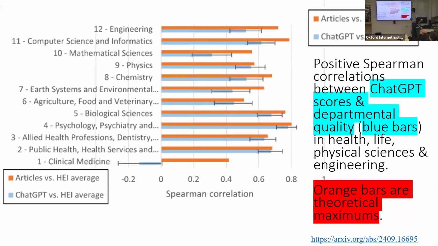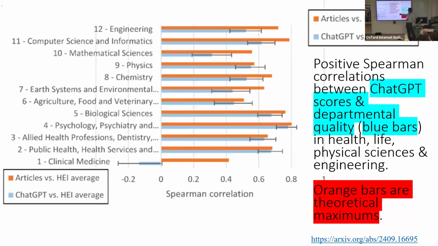So in this graph, it's got 12 of the fields, the life sciences and physical sciences and engineering. And the blue bar is the Spearman correlation between the ChatGPT score and the department average score for the article that was checked. I didn't know the exact assessor score for each article because that's not public information, so I had to use the department average score as a proxy.